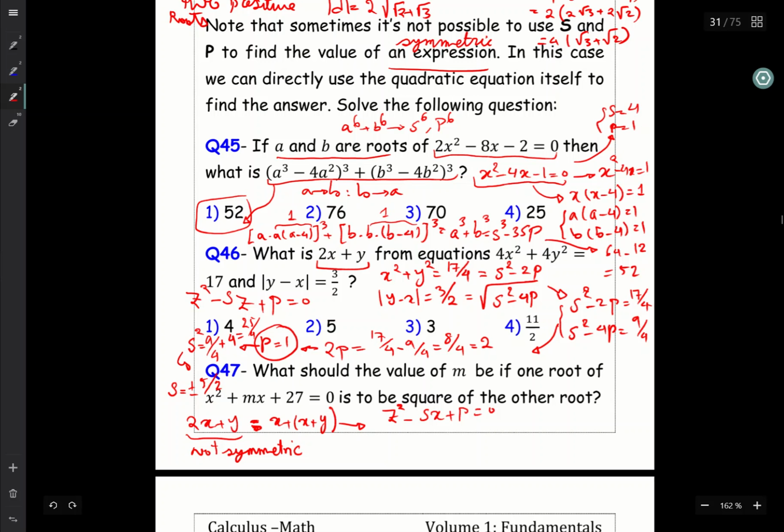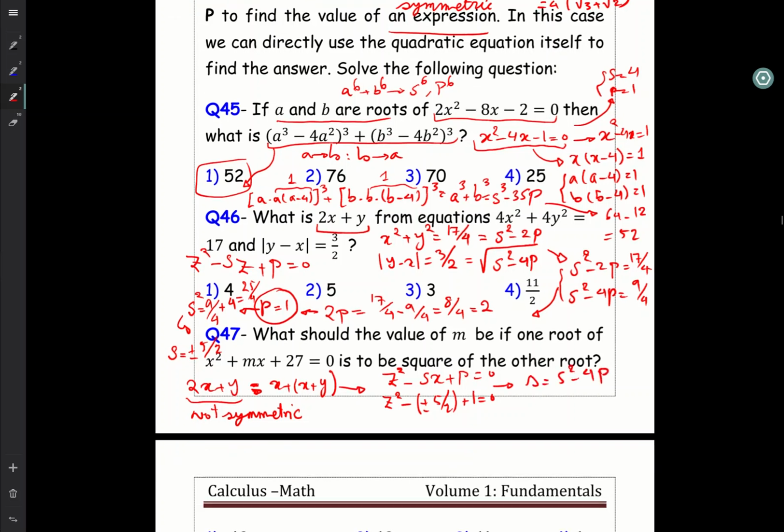And 2x plus y, the way we're going to find it is, let's assume that z squared minus s z, with s being plus or minus 5 over 2, and plus p, which is 1, equals 0. Delta here is s squared minus 4p, right?